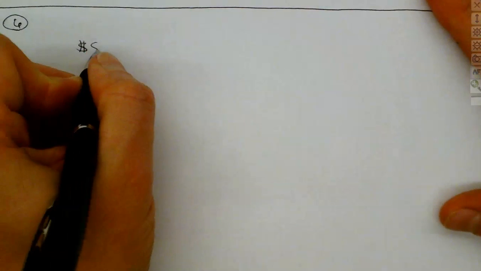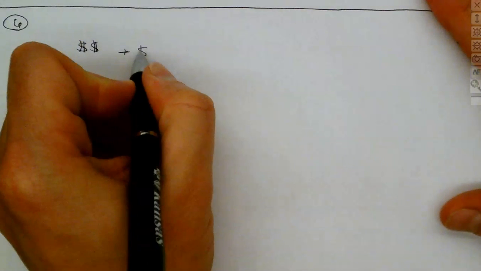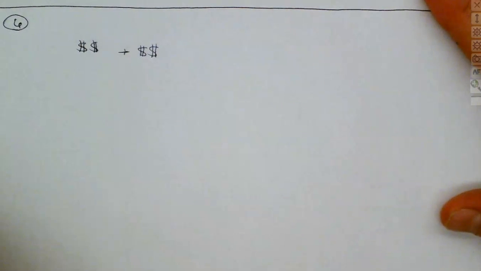So what are we going to do? We're going to set it up in a similar way to what we did with the last one, only instead of containers of liquid, we now have money.